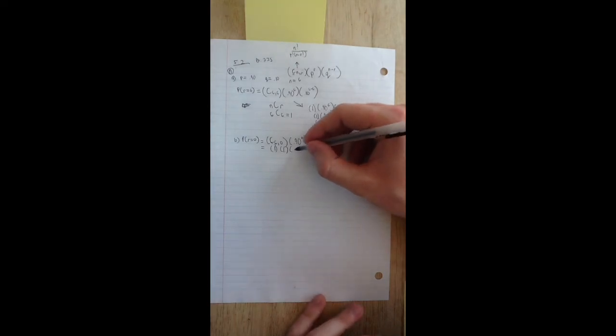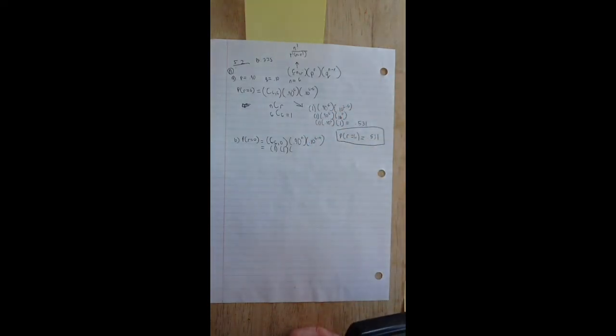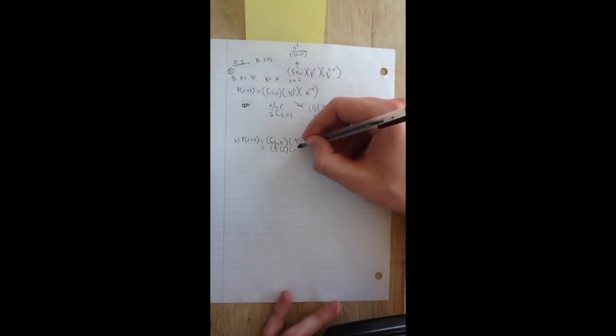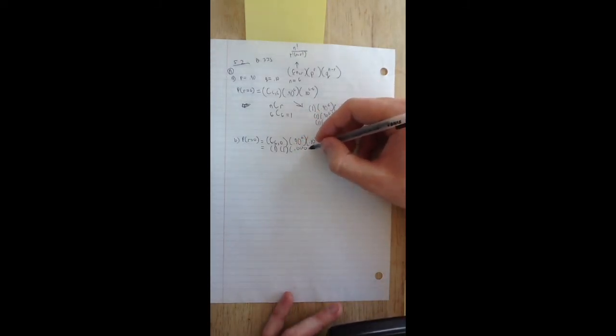Okay, so all we're going to do is 0.10 to the power of 6, because that's the only one we have to actually calculate. Everything else is already done for us. That gives us 0.00006.